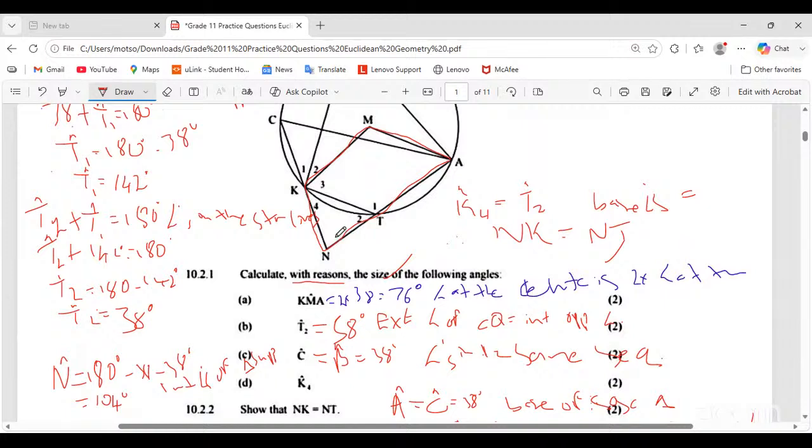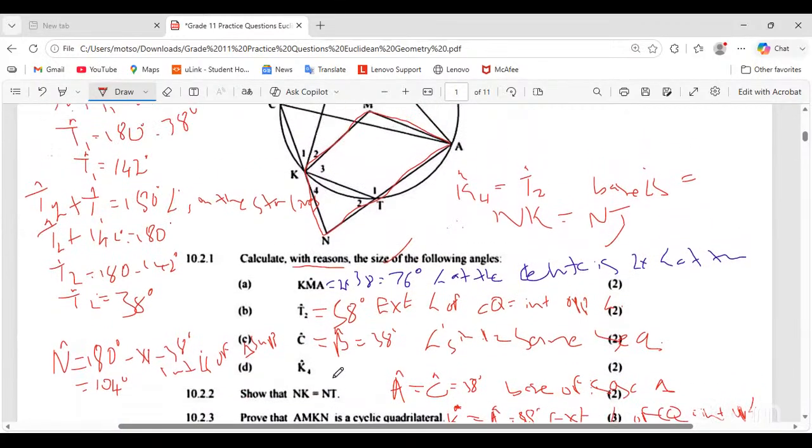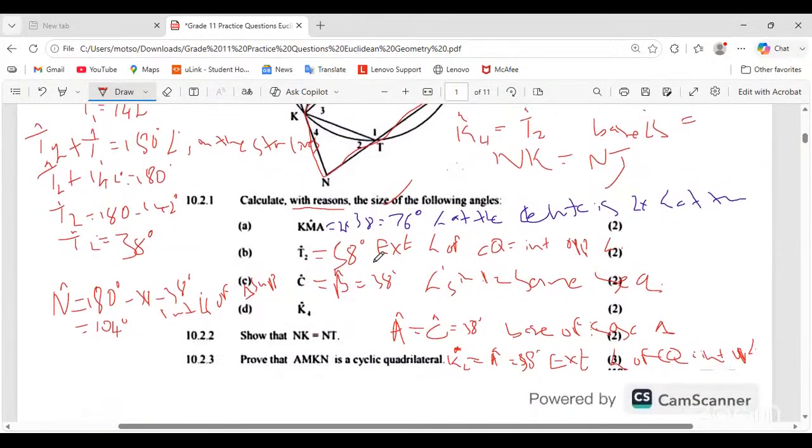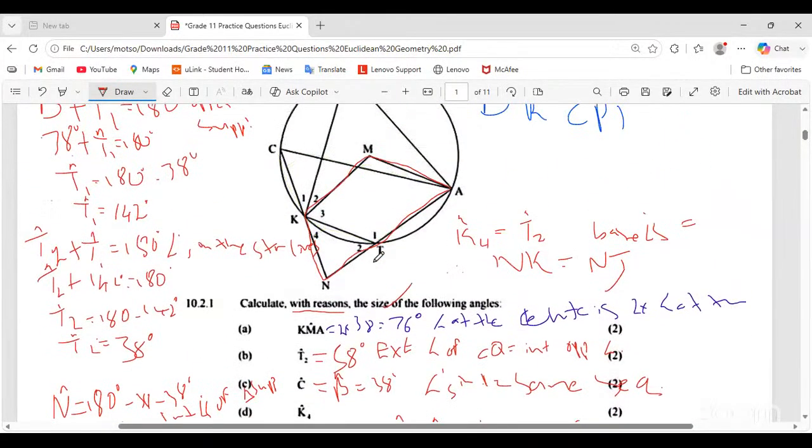Now, what are we going to do next? AMKN, to prove that this is a cyclic quad. So now when I take this angle N plus that angle M to see if maybe I will get 180 degrees to support using that reason of opposite angles of a cyclic quad.